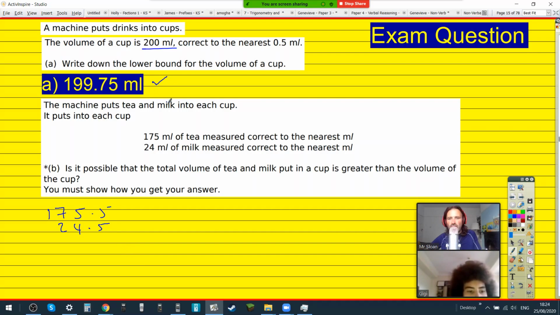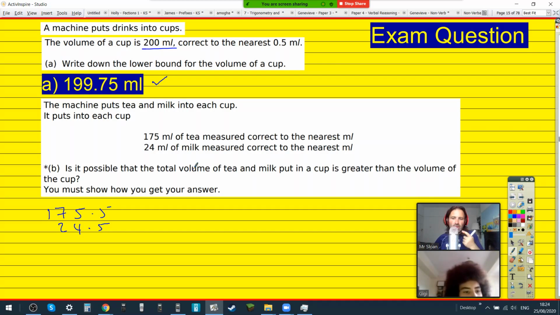But 200 is rounded. What's the lowest the cup can get? 199.5. Oh no, 199.75.